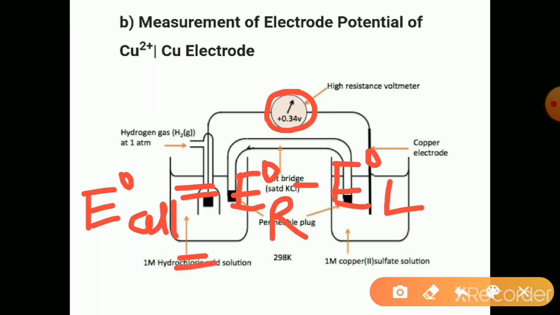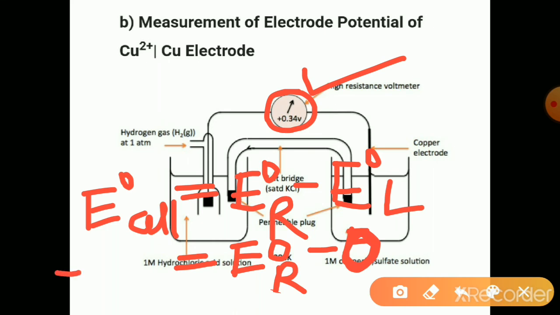E naught of right, here we are going to determine, cathode is copper, minus E naught of left, left is SHE hydrogen gas, its potential is 0, and cell potential measured is plus 0.34 volt.